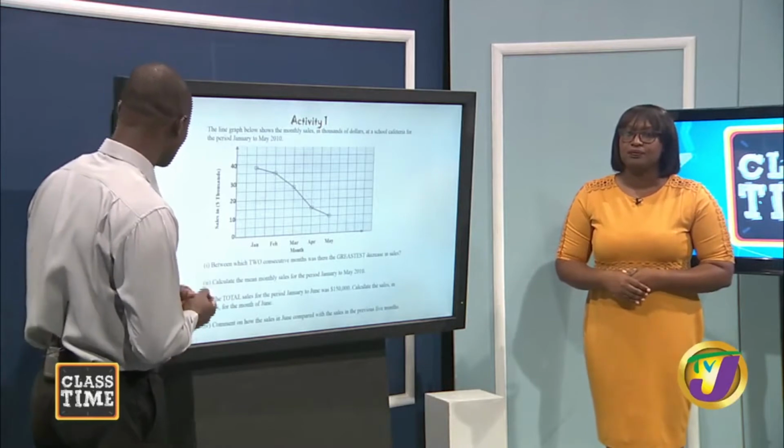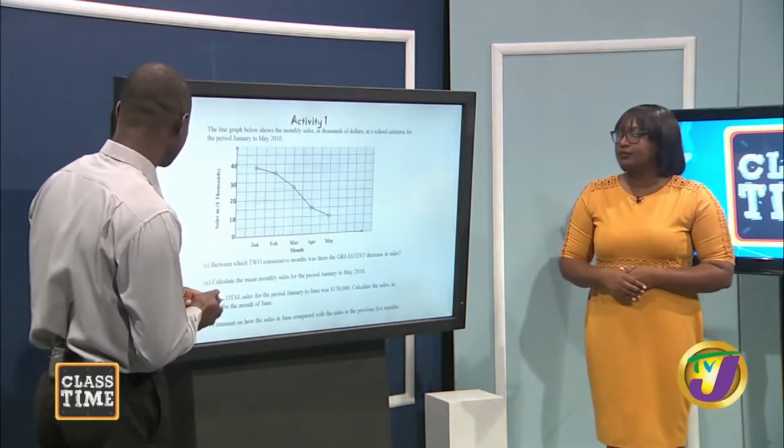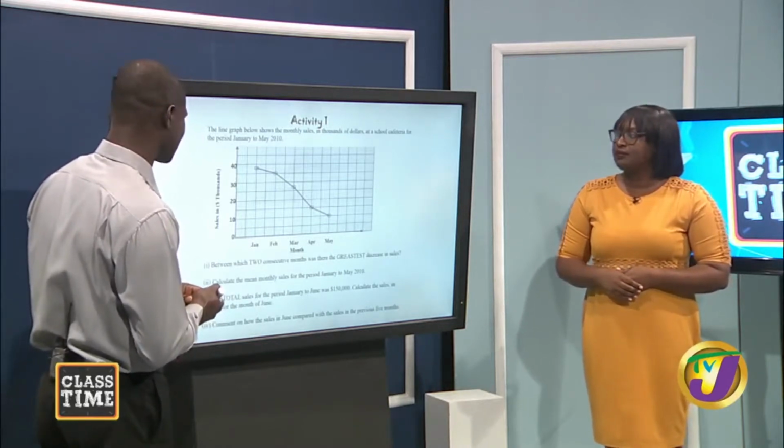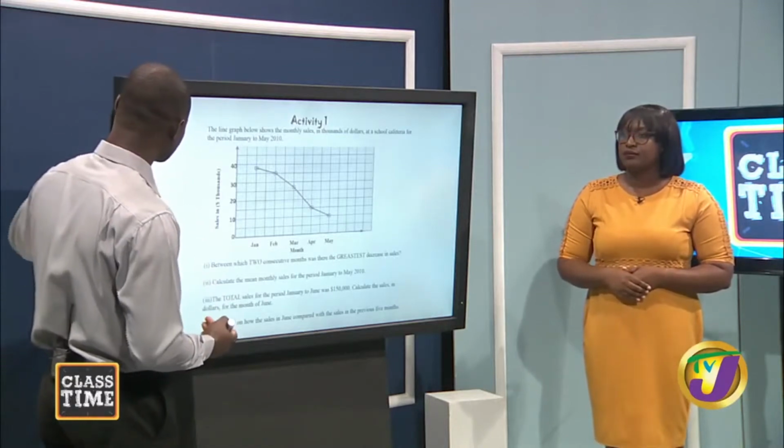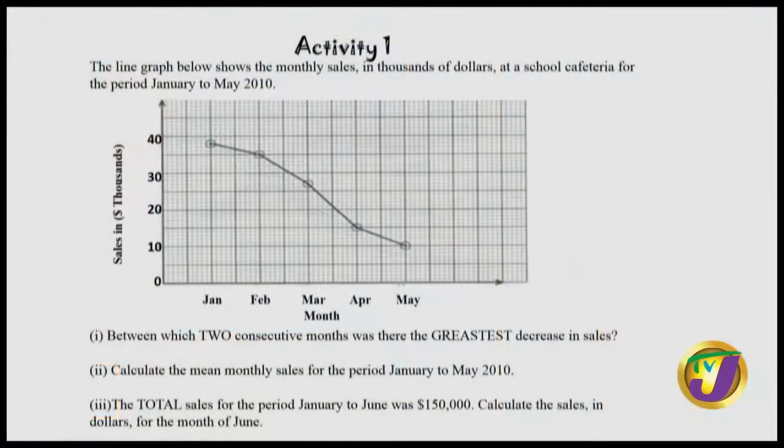All right. So which 2 consecutive months were the greatest decrease in sales seen? We are looking at the dip in the line. Our word that comes to mind is slope. Yes, that's true. The slope of that line. And when we mention slope, we are thinking about gradient as well, right? But just glancing at it, we can see that the greatest decrease would be between March and April.